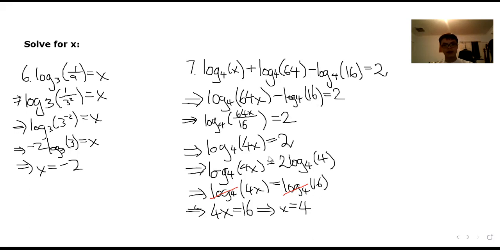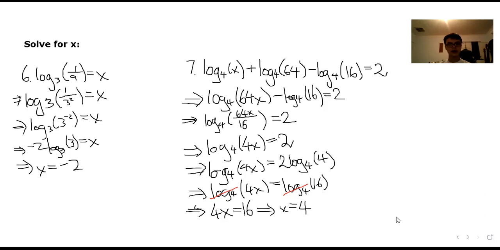Then we can add the log 4 to the base 4 on this side of the equation, so that we can now cancel. But before we cancel things out, we need to bring this 2 up here as a power. So that would be log 4 squared with base 4. And once we have this expression, we can cancel out the log base part of it, and you're just left with 4x equals 16.